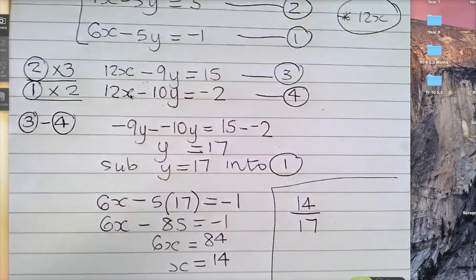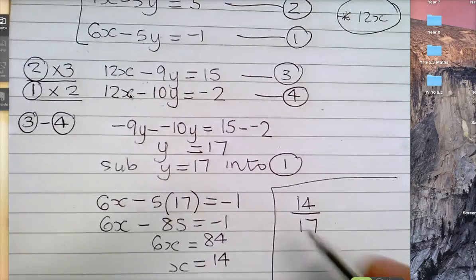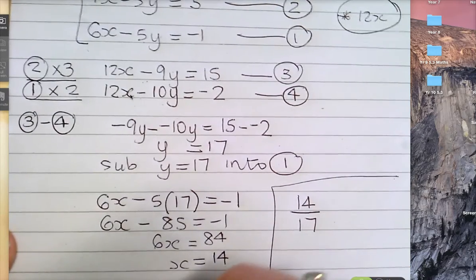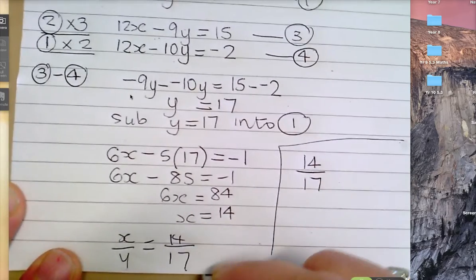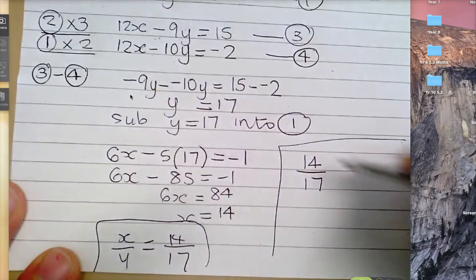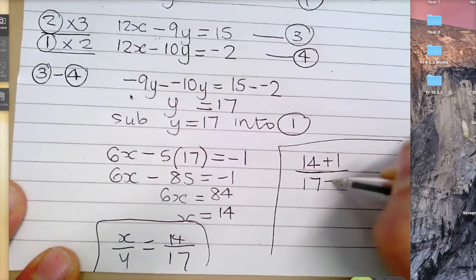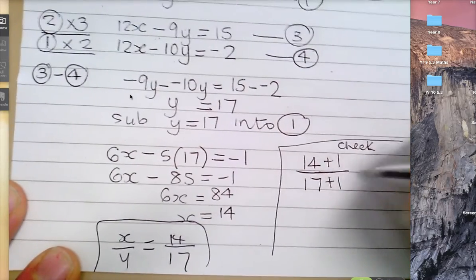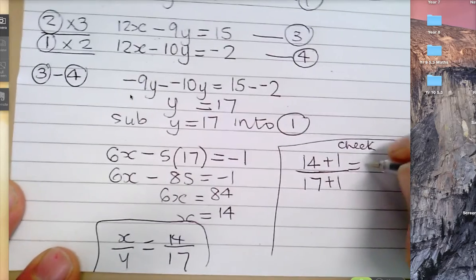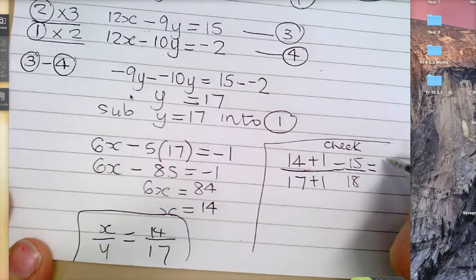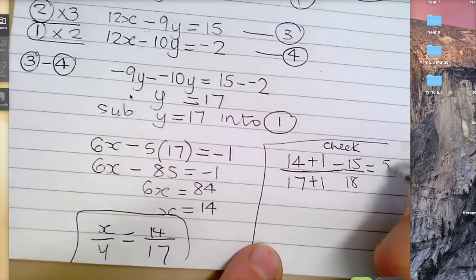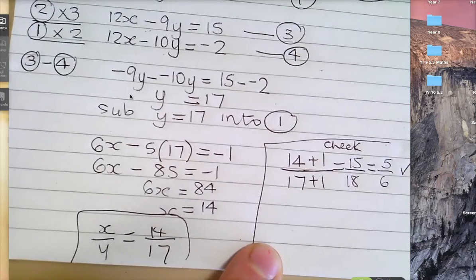Let's look at what the question said. You know how it's X on Y was my fraction, 14 on 17. If you increase each of those by 1, now I'm checking, what do you get? And divide them both by 3. Correct.